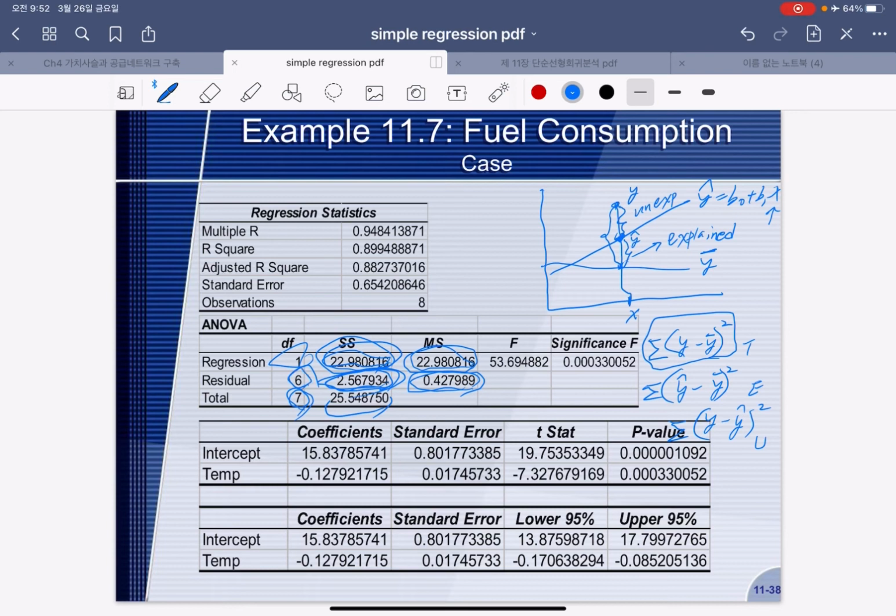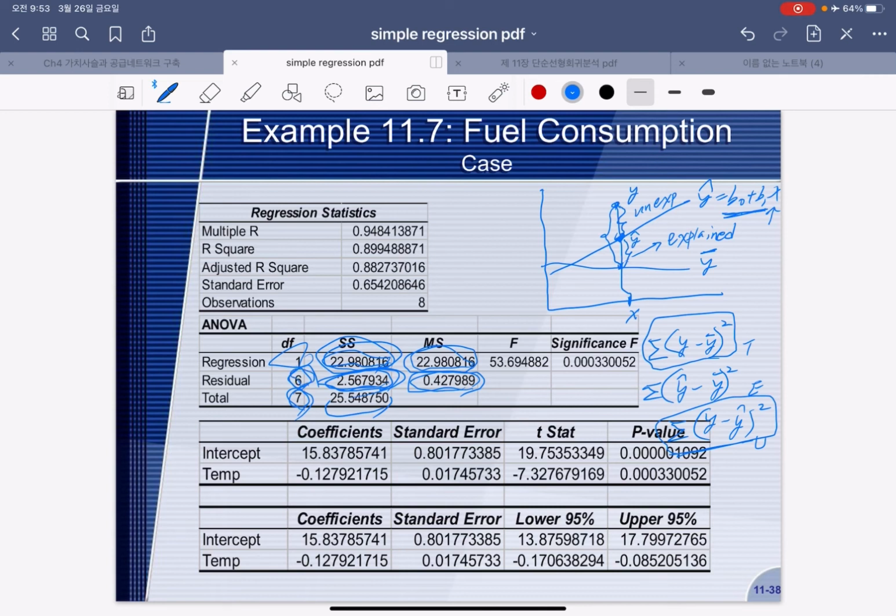This one comes from here. If you look at the unexplained variation, you see here y hat. For y hat, you need to estimate B0 and B1, this one and this one. 2 things. So you use up 2 degrees of freedom. So you subtract 2 from 8, you get 6.